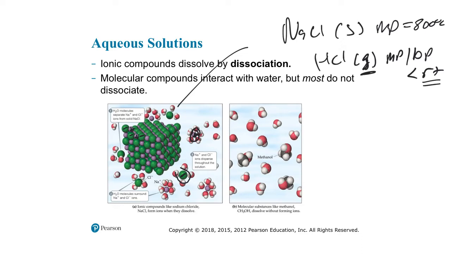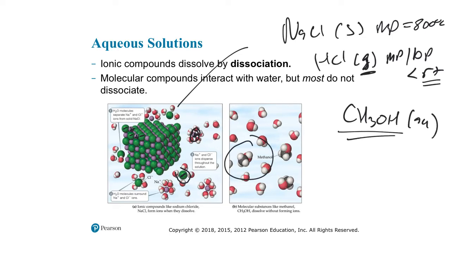Now in the case of methanol, some of the waters may cluster together, they may interact together, but not really to the point where you might think of it as anything other than an ordinary methanol molecule intermixed with ordinary water molecules. So methanol in water doesn't ionize at all, it just exists as an aqueous dissolved molecule in the water, as its own particle, whereas NaCl in water is really Na+ ions, each surrounded by water.